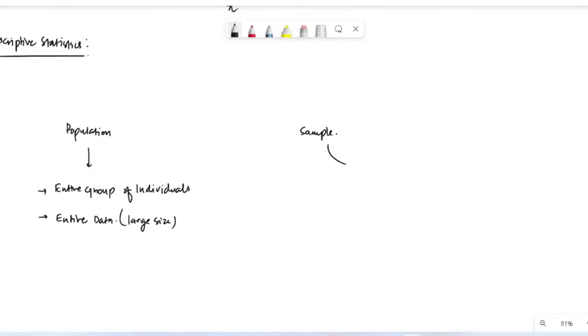For a research study, or your hypothesis testing, or your statistical study, we take a sample out of the population. We don't apply these research strategies to our entire population.